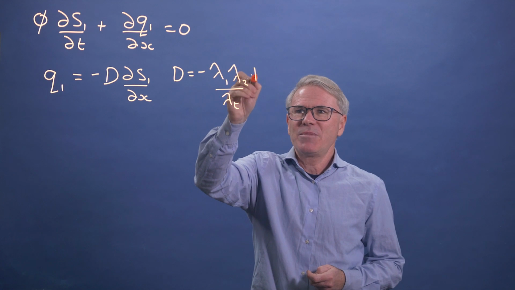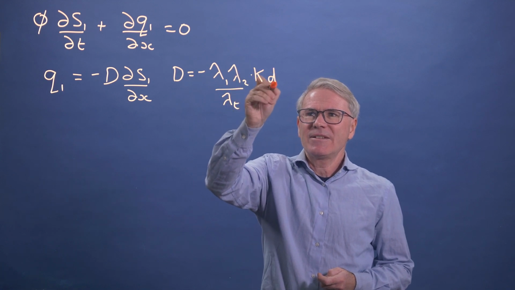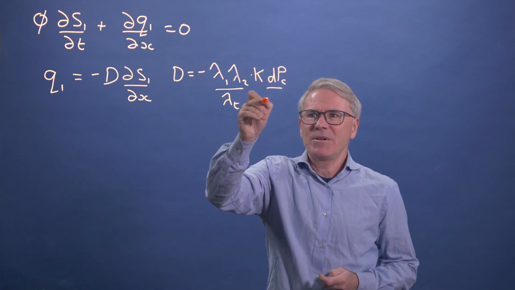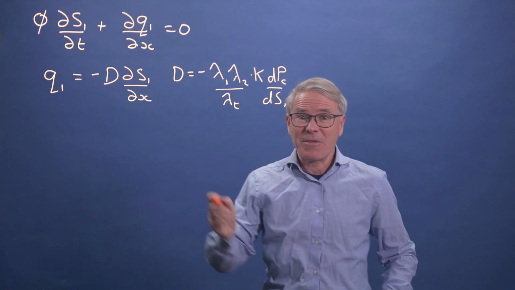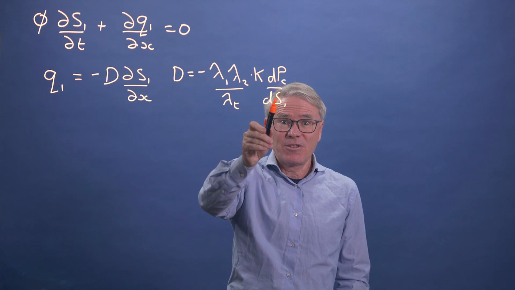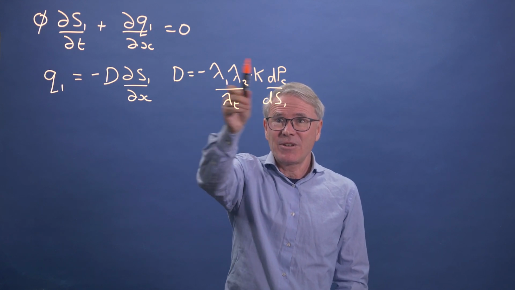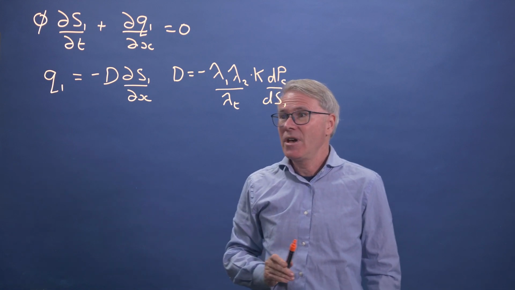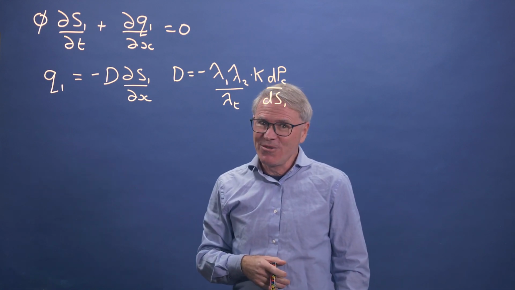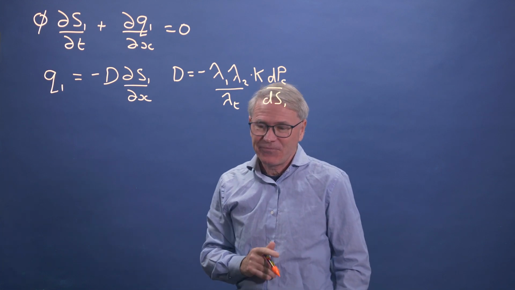It's got an absolute permeability, and then it's a derivative of my capillary pressure. And don't worry too much about the minus signs, this derivative is negative, so D is strictly either 0 or positive.